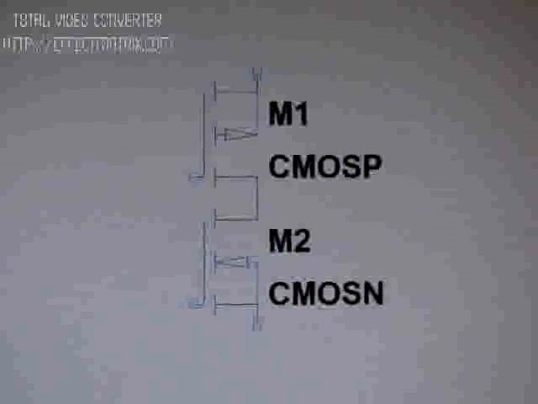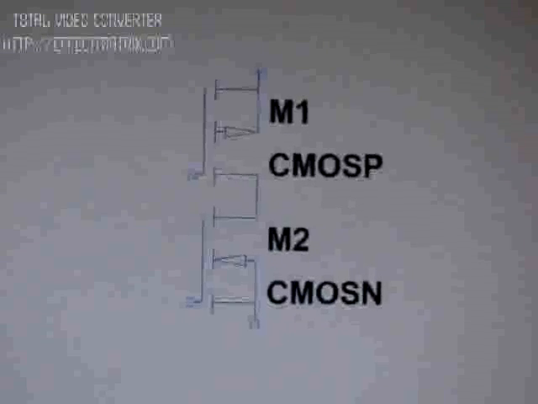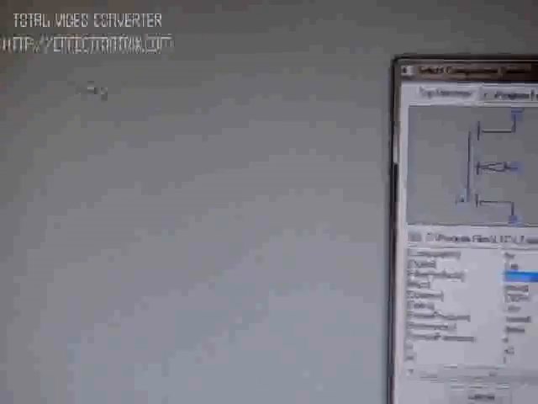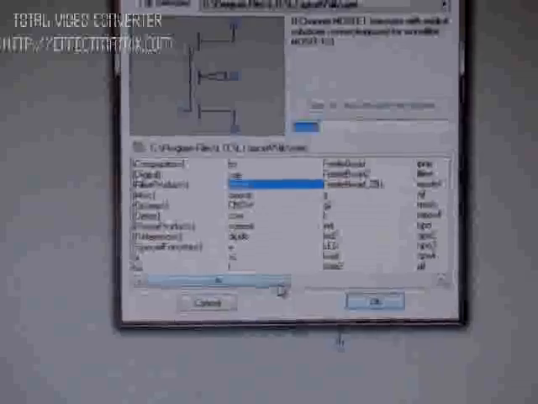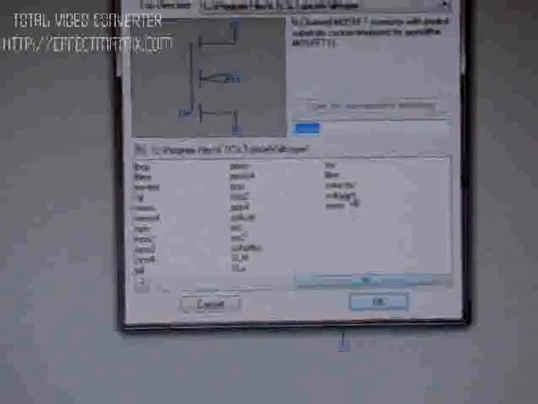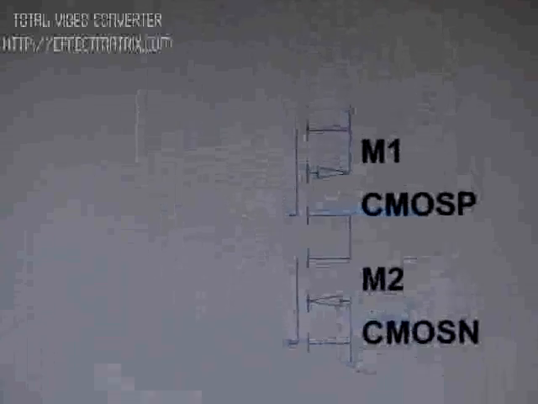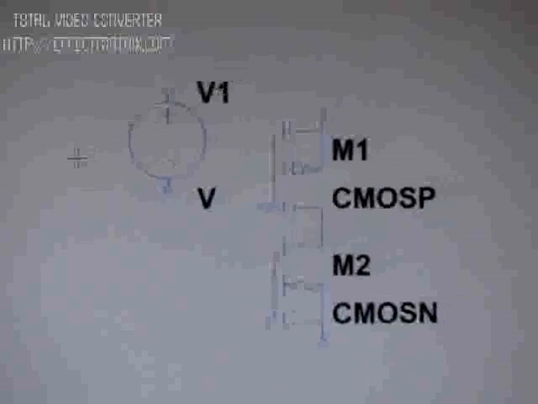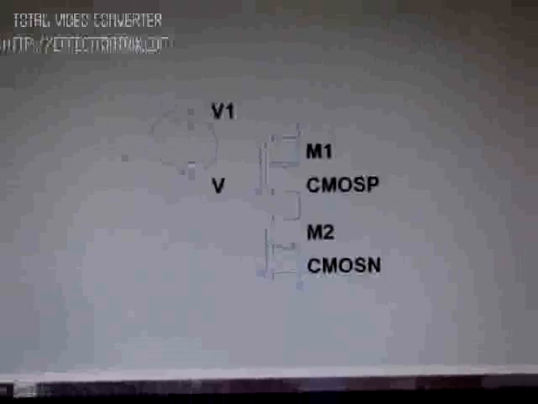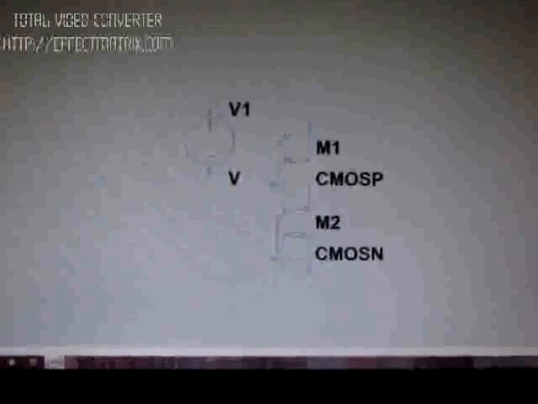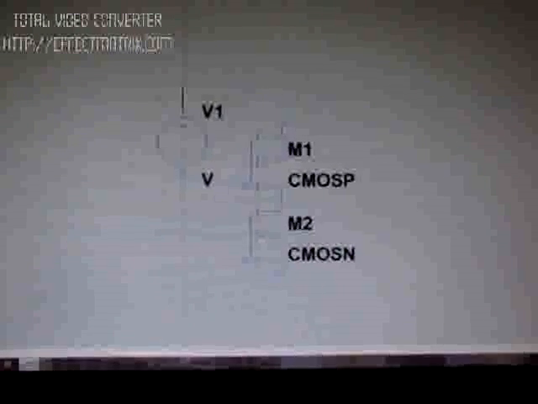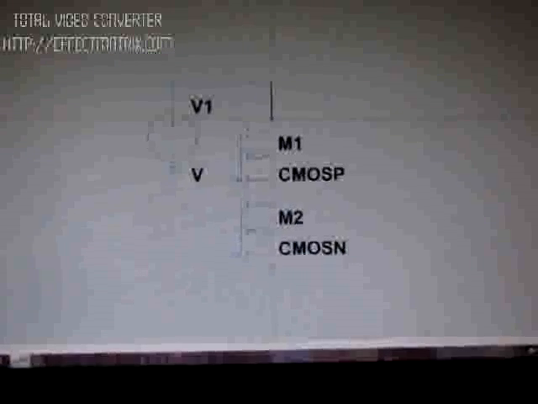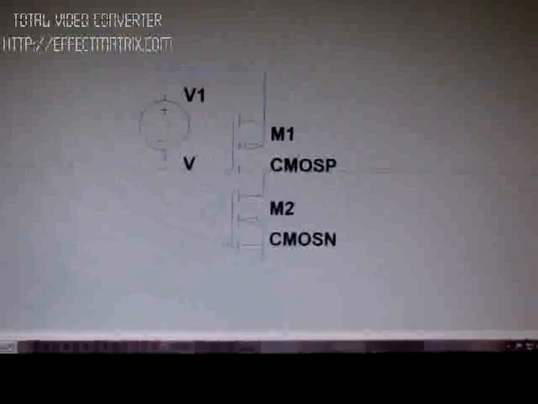Now for giving power supply to this circuit, we have to go to Edit, Component, go to the voltage sources there. There is a voltage there. Produce a voltage circuit. Click on that. Voltage sources can be connected to the NMOS circuit like this.